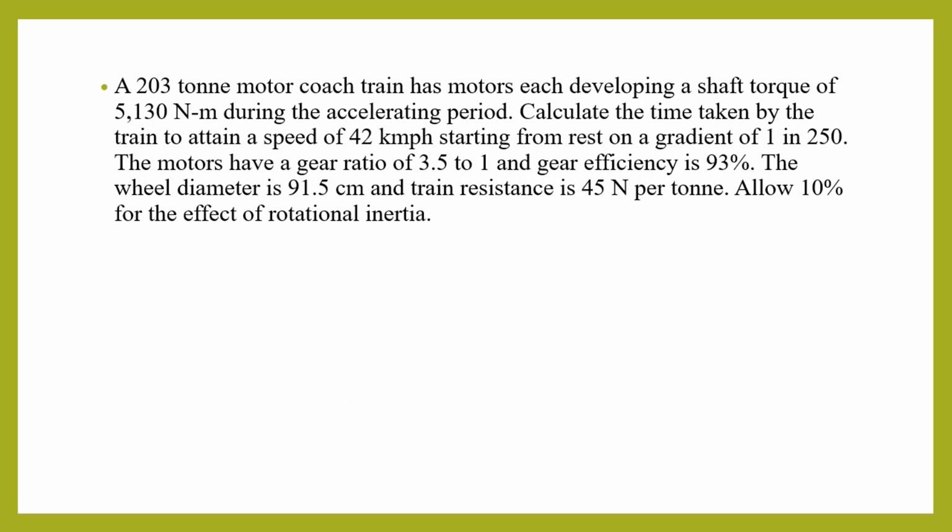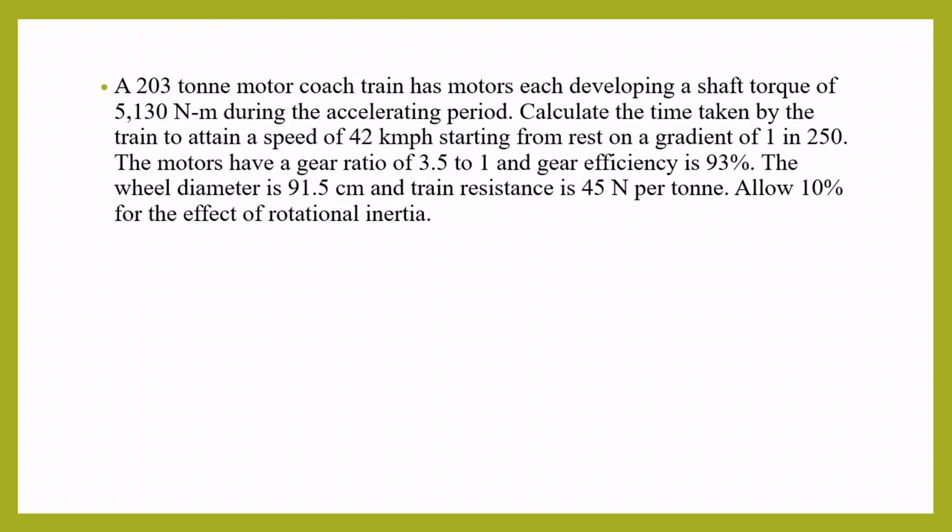Next problem. A 203-ton motor coach train has motors each developing a shaft torque of 5130 Newton meter during the acceleration period. Calculate the time taken by the train to attain a speed of 42 km per hour starting from rest on a gradient of 1 in 250.